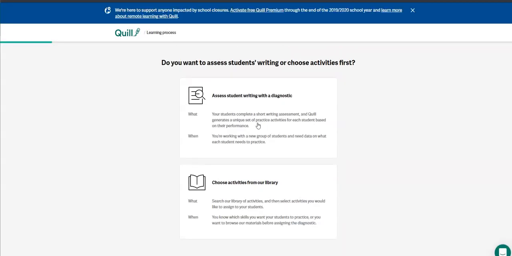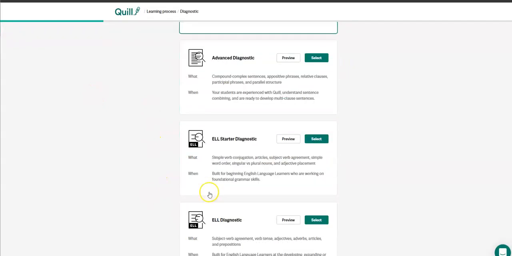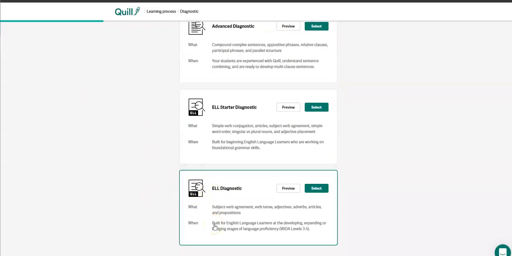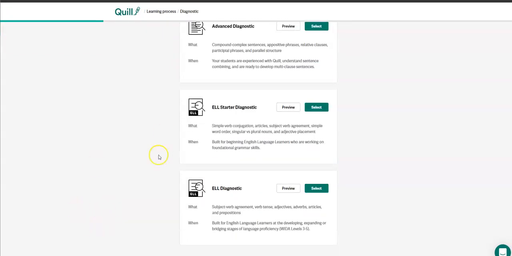Okay, so I would go up to the next level, either the intermediate or the regular ELL diagnostic. I would have them move up, once again not for a grade, but just for me, for comparison purposes, to see what areas growth has been happening in, or what areas we need to really focus on.